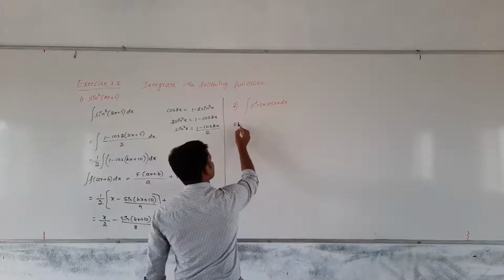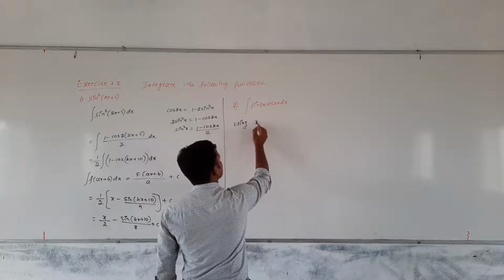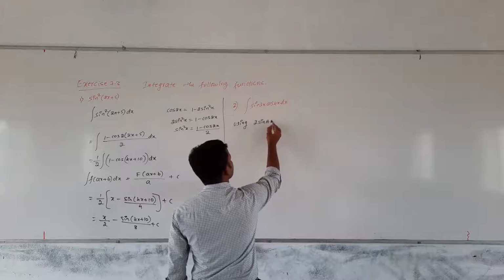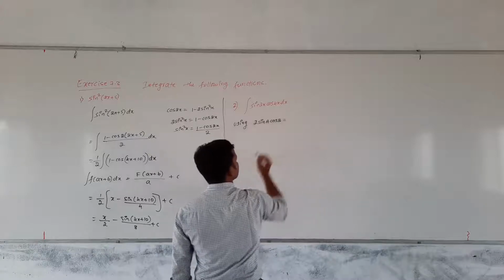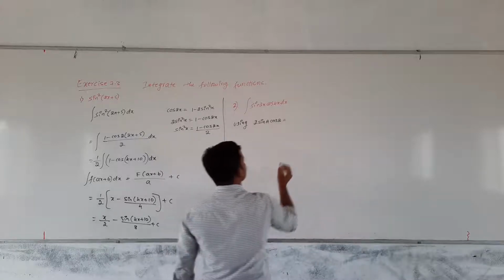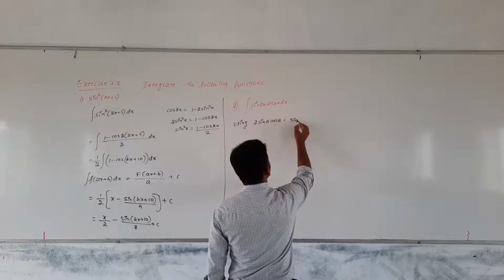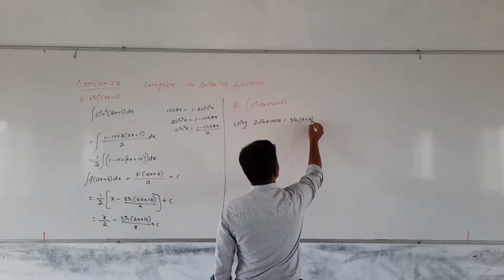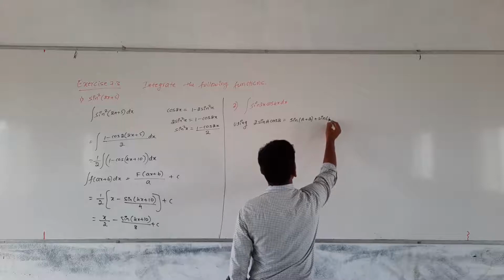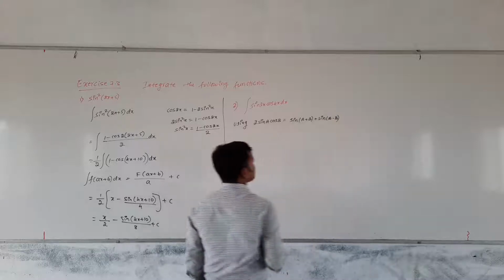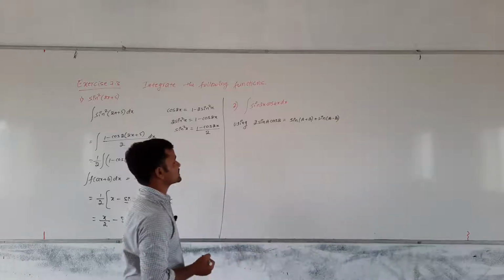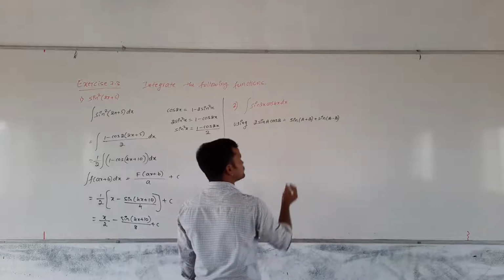I will use here 2 times sin A into cos B. We know this one as sin of A plus B plus sin of A minus B. This is the formula we know. 2 times sin A into cos B is equal to that.